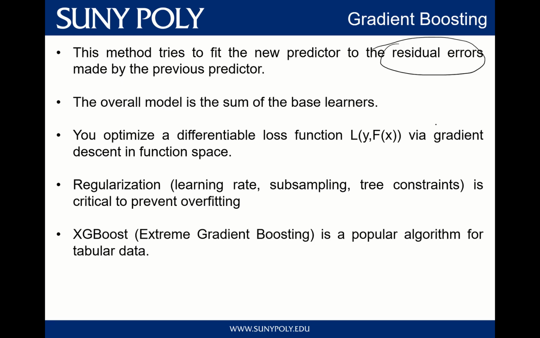So for model 3, you will use the errors or residuals from model 2. So you try to improve the residuals by making the predictions over the residuals. It's like learning from the errors of the previous models.